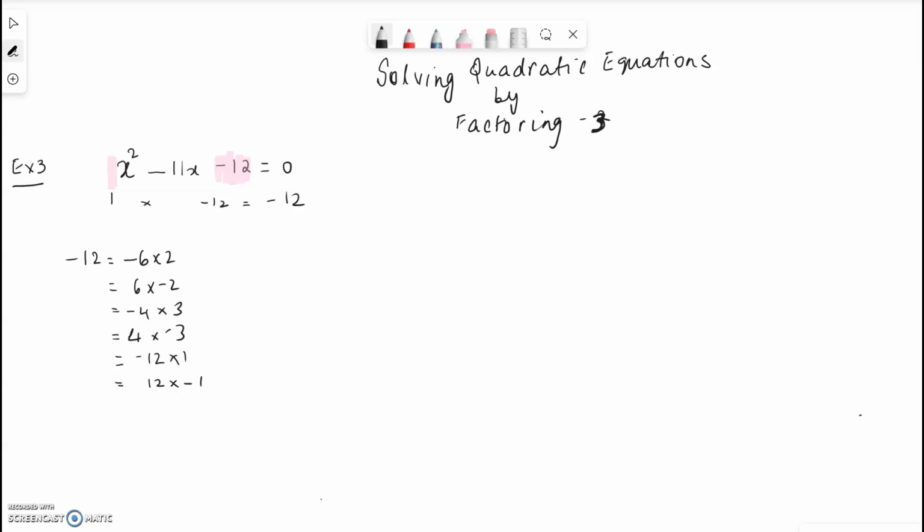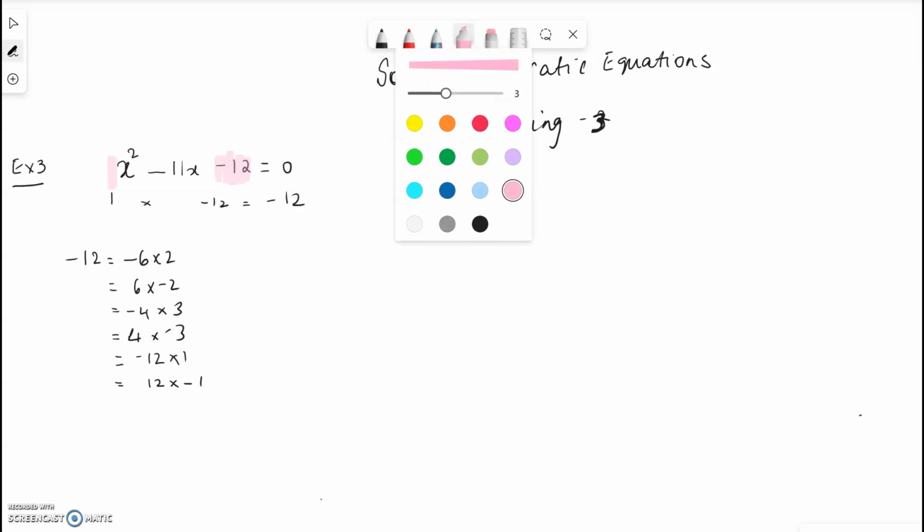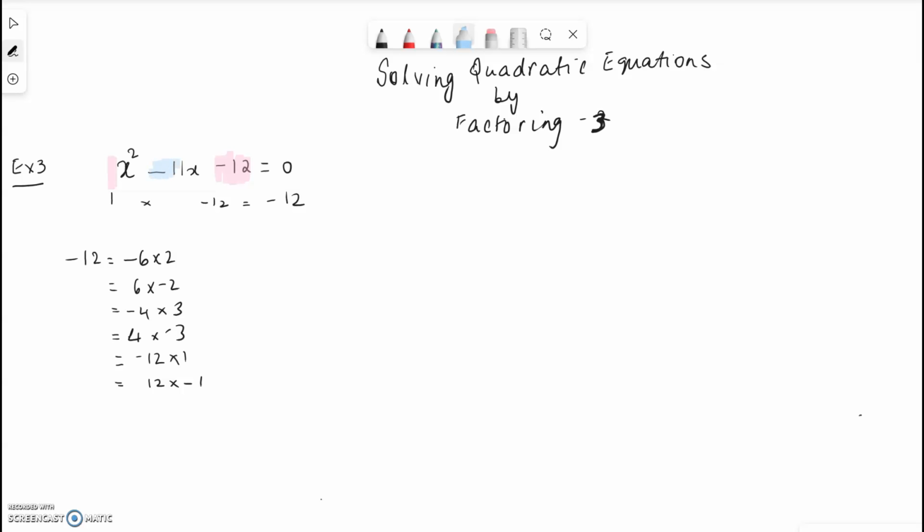So these are the different ways in which we can factor negative 12, but we are looking for a very specific product where the factors in the product add up to negative 11.